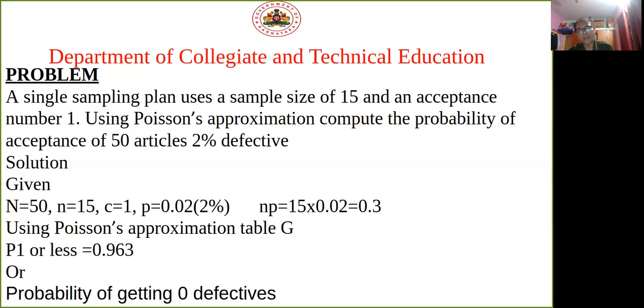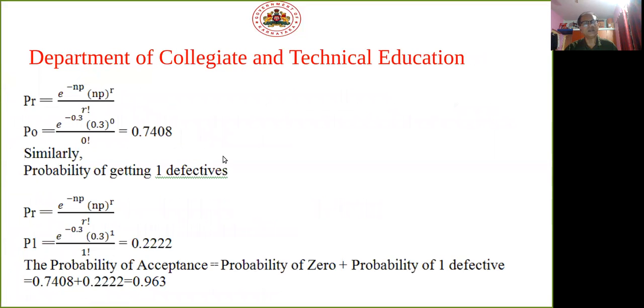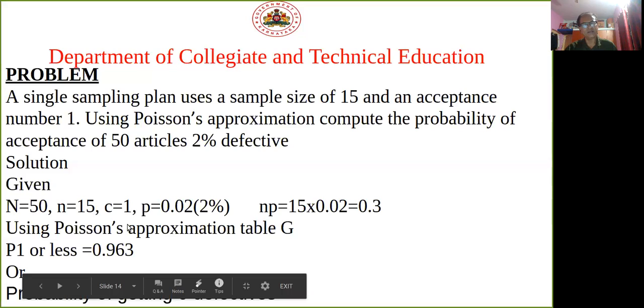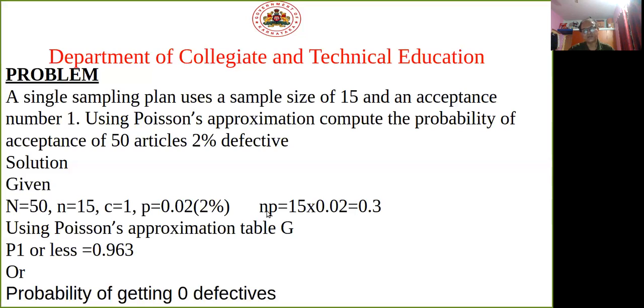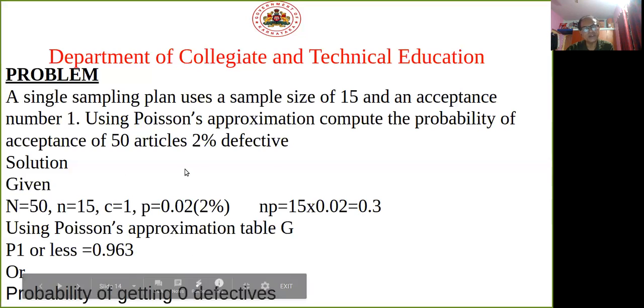So for NP equal to 0.3 and C equal to 1, you will get the value 0.963. Or we can find the same thing by means of the formula. See here, we got 0.963 from the table for NP equal to 0.3 and C equal to 1.